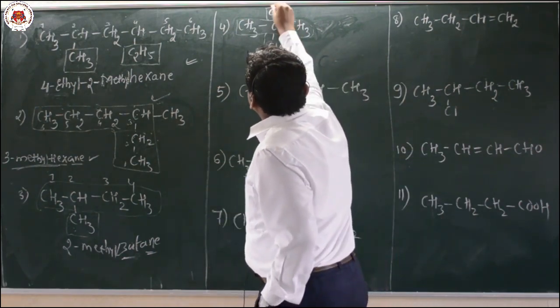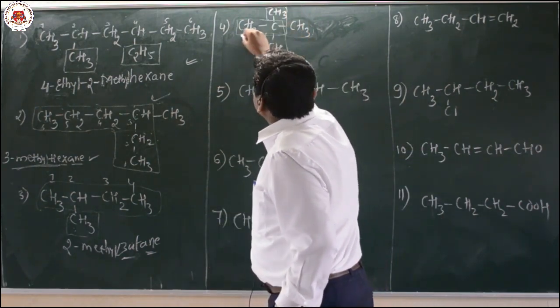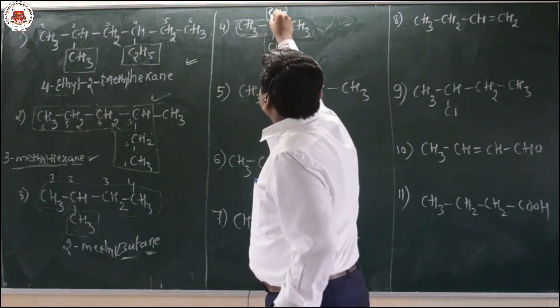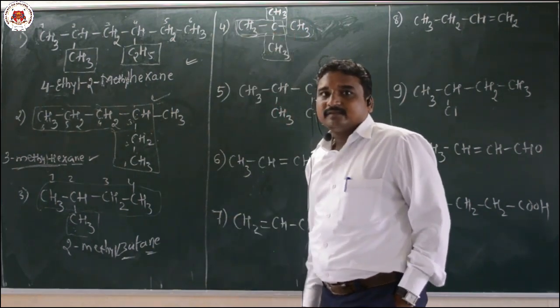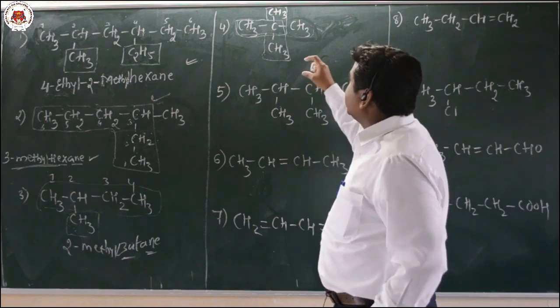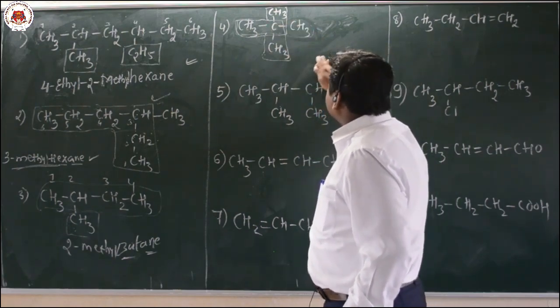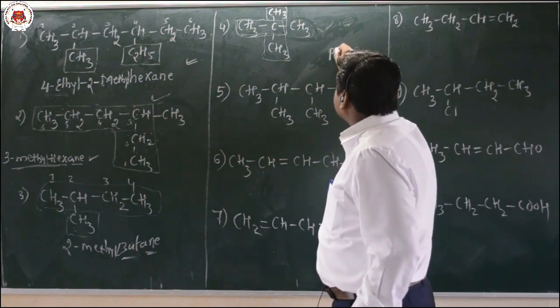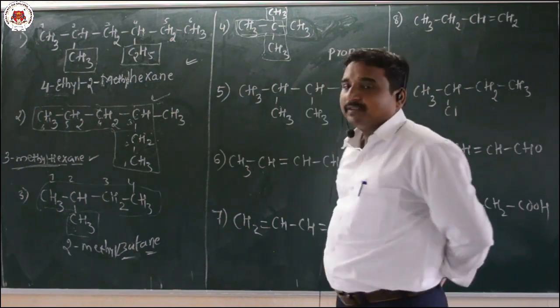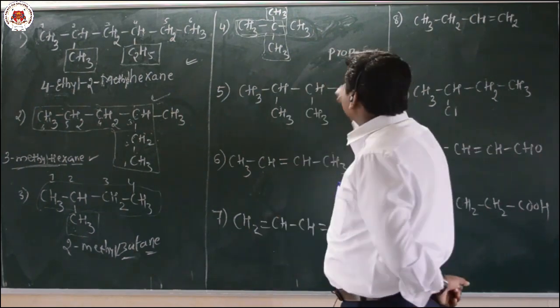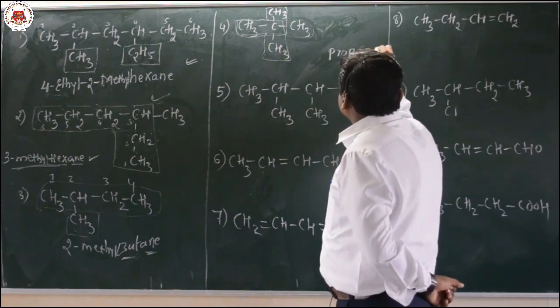Now another method is there. If you select this way, the longest chain again has 3 carbon atoms. Whichever way you take, the longest chain contains 3 carbon atoms, hence the root word becomes what here? Prop, and the primary suffix is what here? Ane, propane.